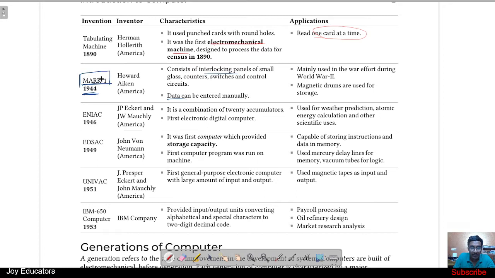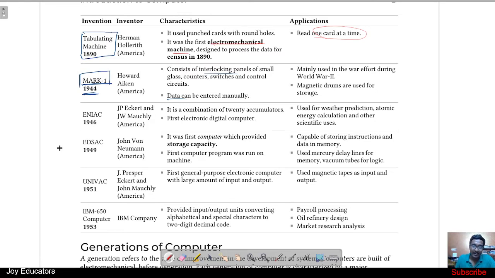From here it is important: the tabulating machine, into which we could enter data. In 1945, World War II had stopped, and in that time there was something called storage. Very sophisticated, confidential matters were being stored like this.